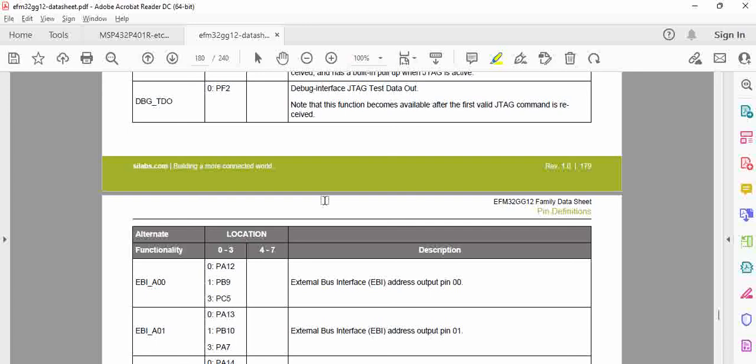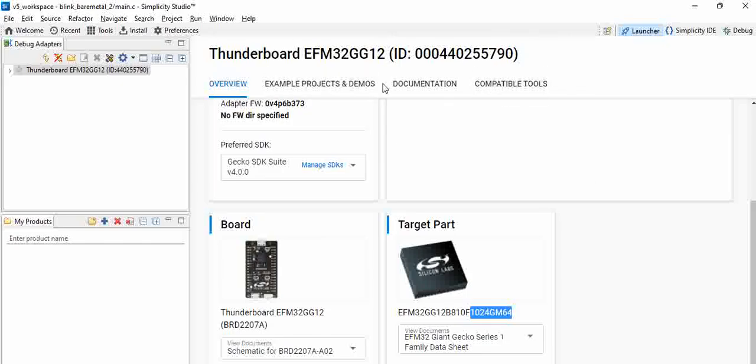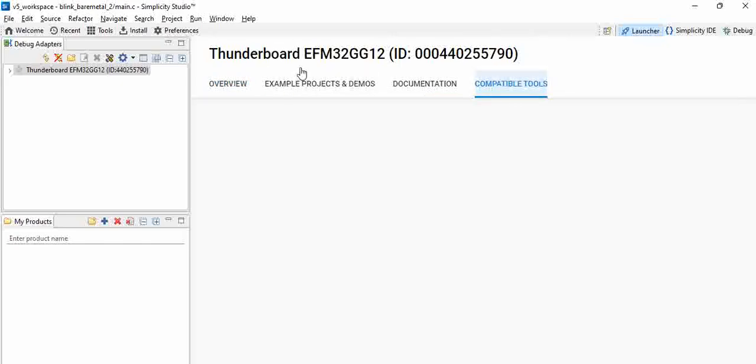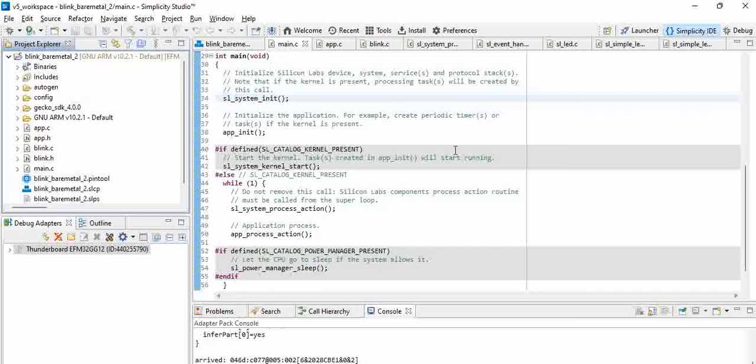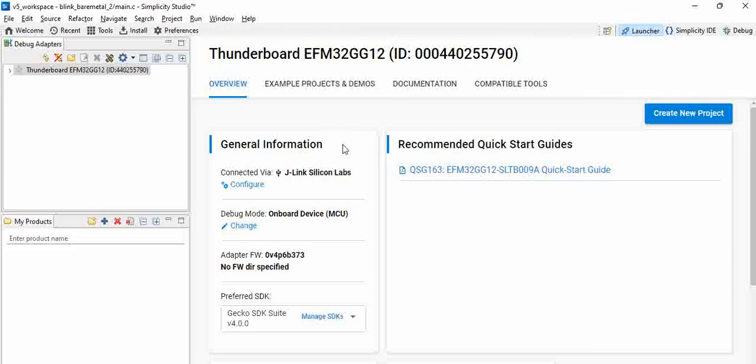you're the sole owner of everything, then you need to use the pin muxing option that is present in the Simplicity Studio. And you can see here, if I remember correctly, we have seen somewhere here, right? In the Simplicity Studio somewhere, we'll just show again, where there is a pin muxing option that is available.